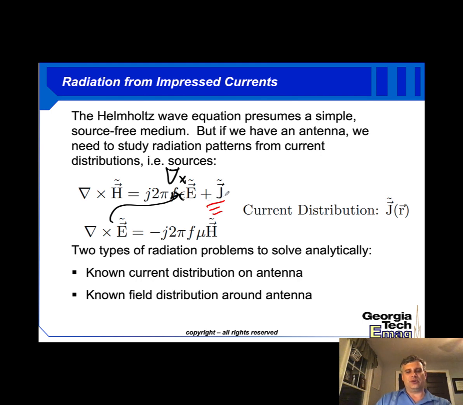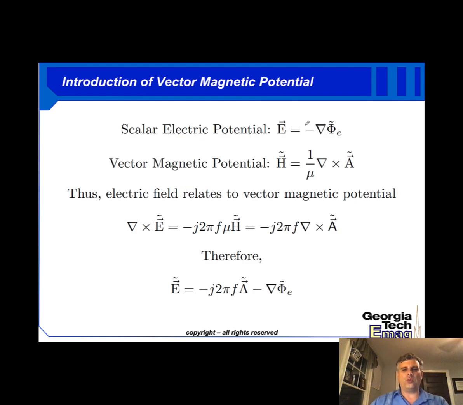If I do it the old way, it doesn't lead to a really nice, clean solution. And so the way to do this is to introduce this quantity, which many of you may have never seen before. It's called the vector magnetic potential. We usually represent that with an A phasor vector in electromagnetics. And the A phasor vector, if you take the curl and divide by the permeability, gives you the magnetic field.